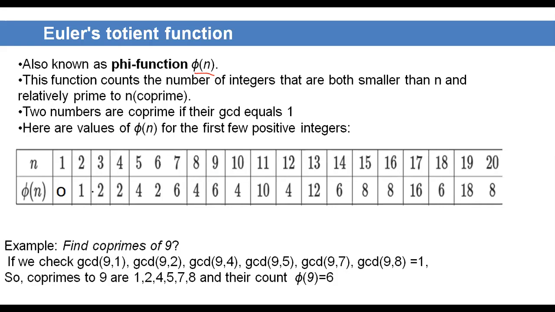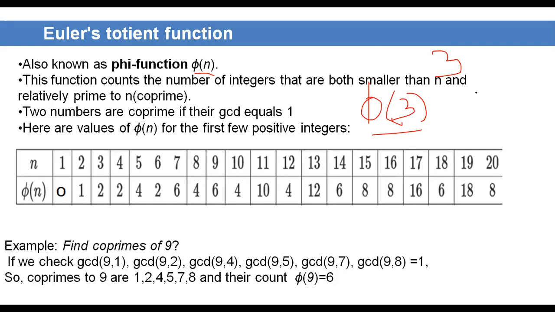Assume n is any integer value. For example, if n is 3, then phi of 3 gives the number of elements below 3 that are co-prime to 3.